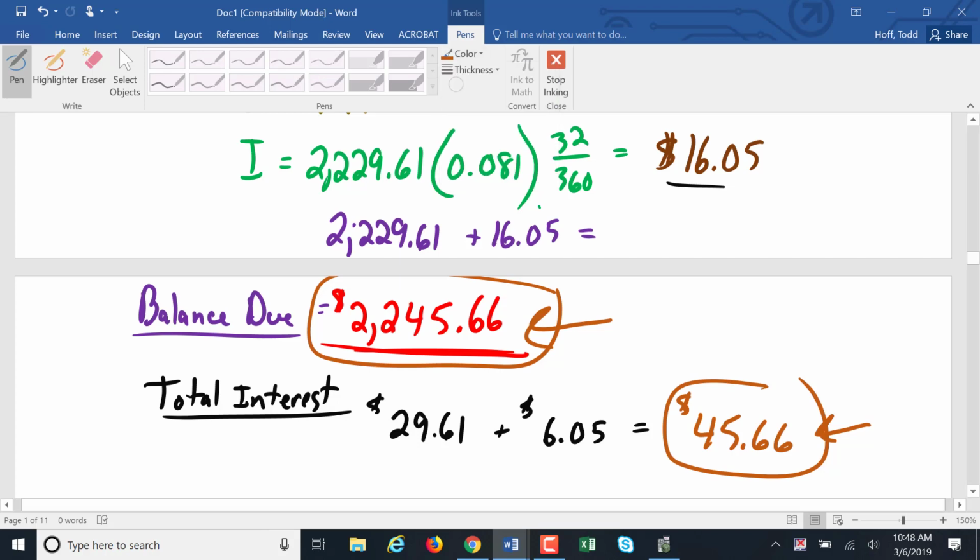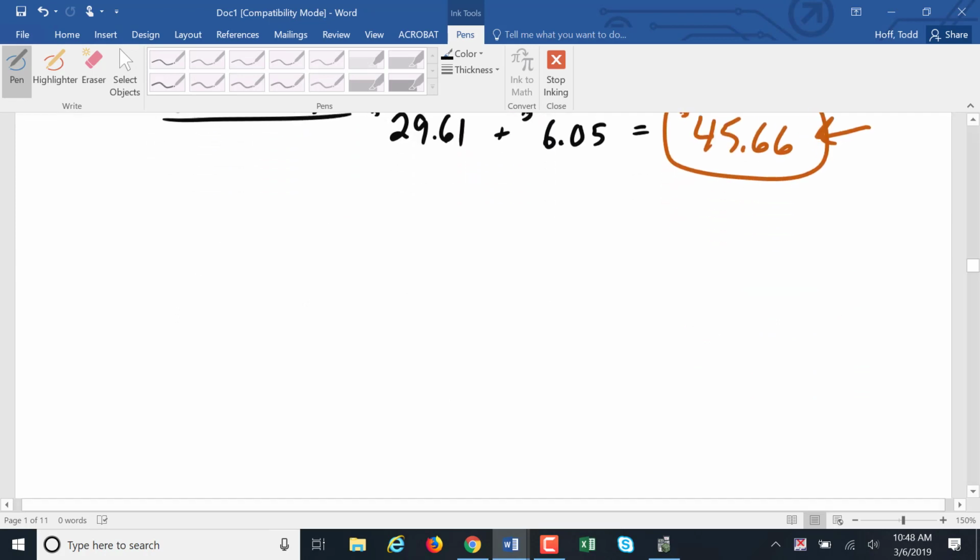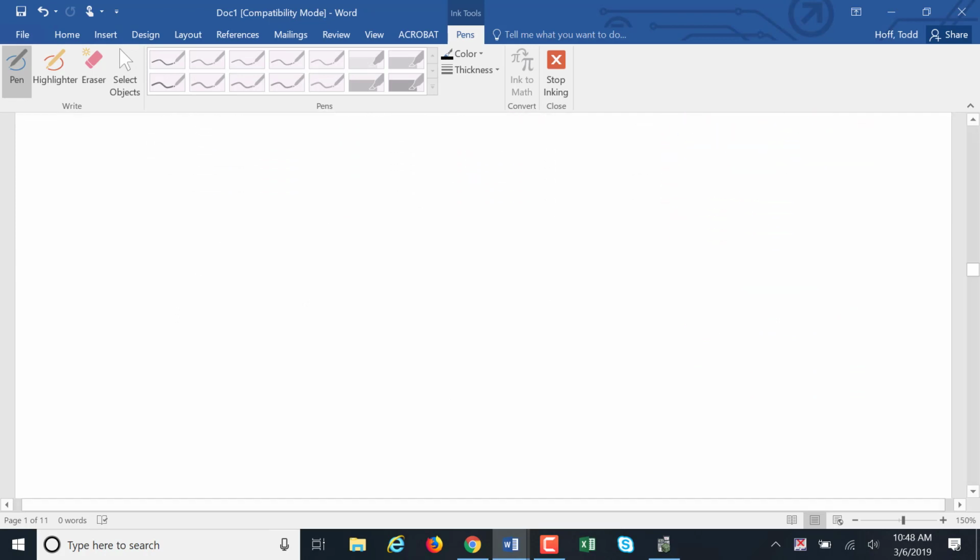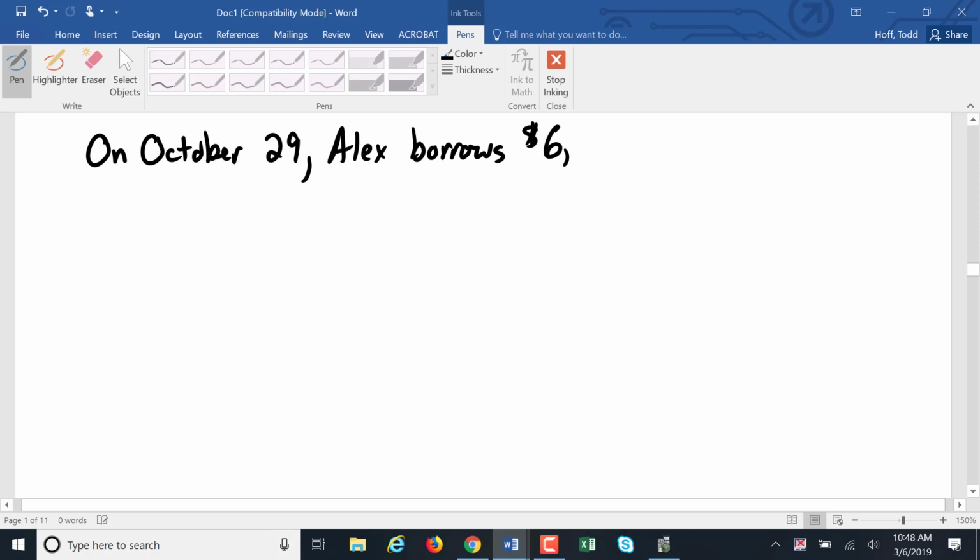Let's do an example here of more than one payment and a little bit different way of looking at our time frame. So let's say that on October 29th, Alex borrows $6,800 at 6.7% for 90 days.